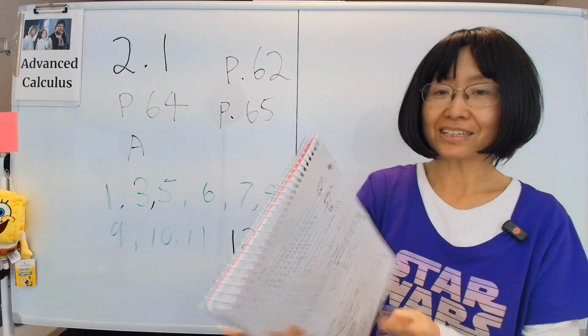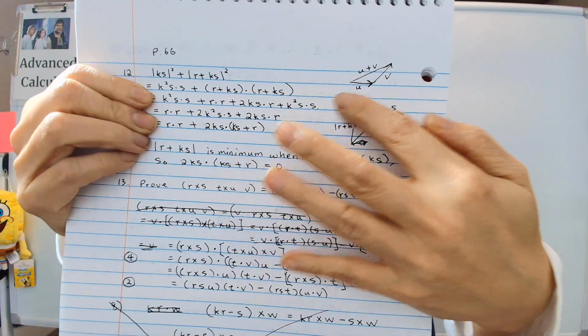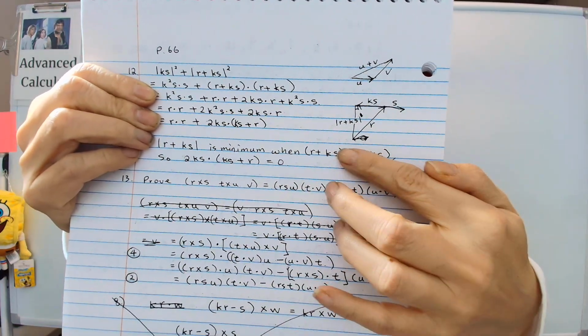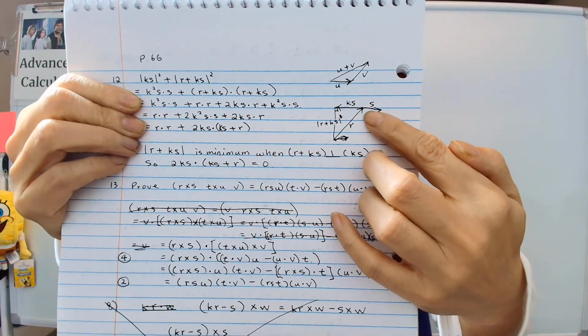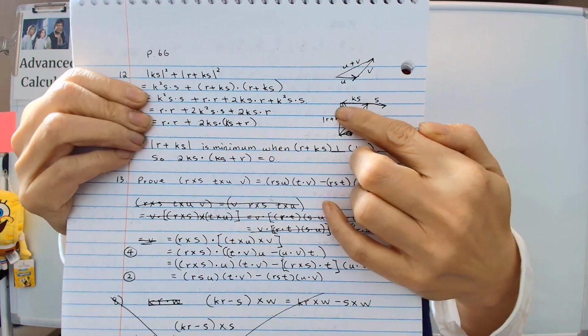Now let's draw this out, okay? Look at my little picture here. First, when you add vectors, we have R here, that's the result. And then we draw Ks over here.